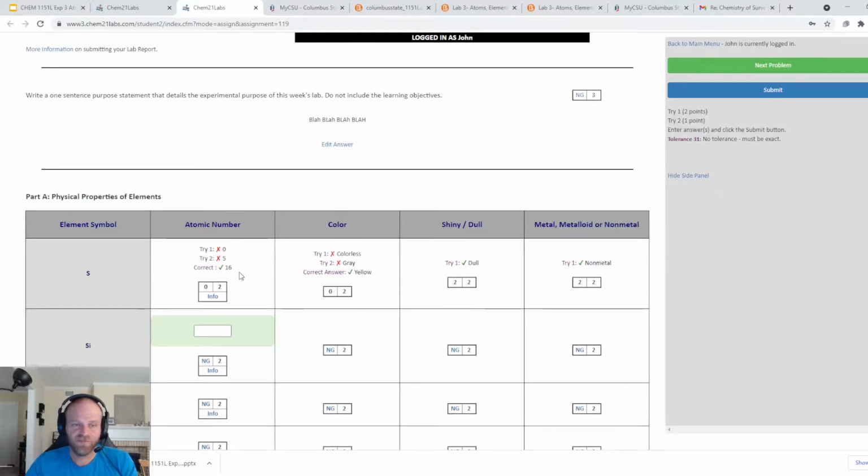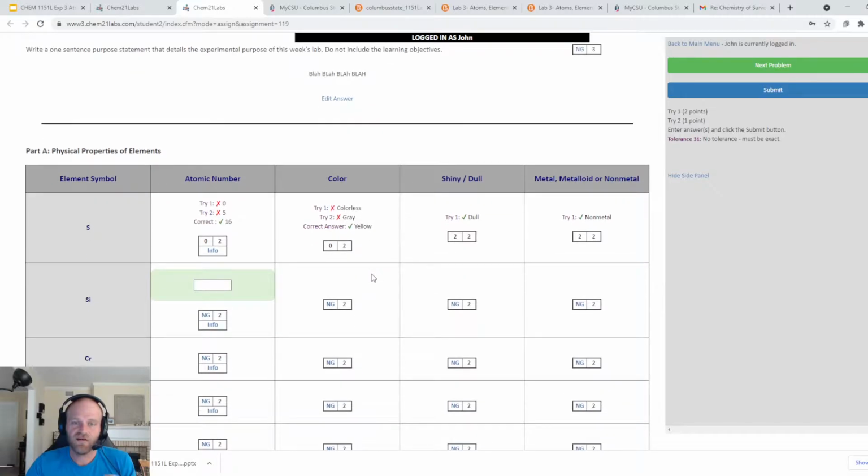So those of you watching this have the first row of your lab report filled out here. The correct answer was 16 for the atomic number of sulfur. Yellow was the color, dull, non-metal. Anyway, make sure that you are filling out all of the report sheet on Chem 21.